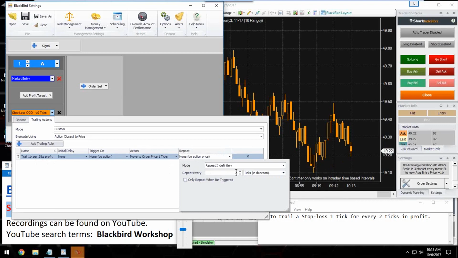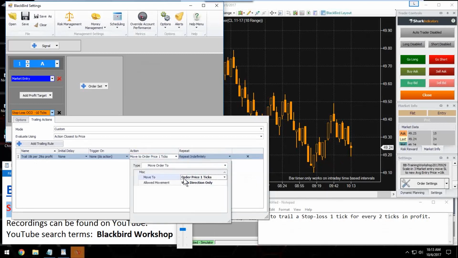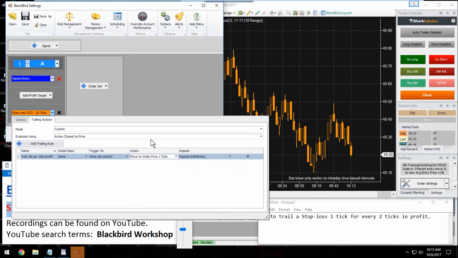Every time the market moves 2 ticks in profit, the stop loss will add 1 tick to the stop loss's price.